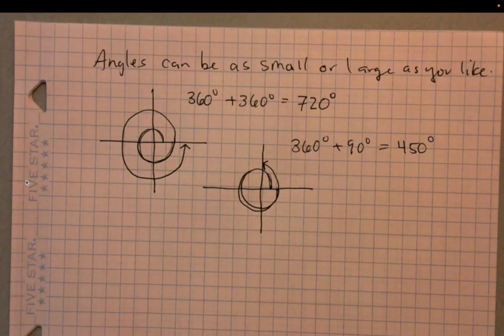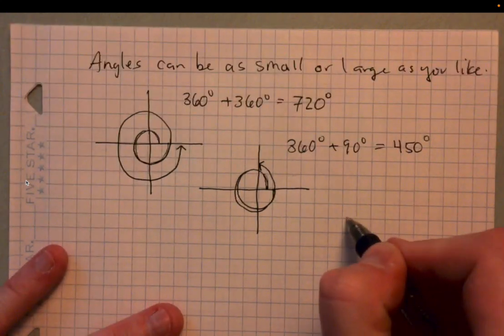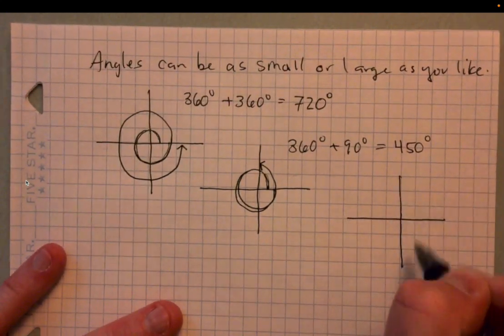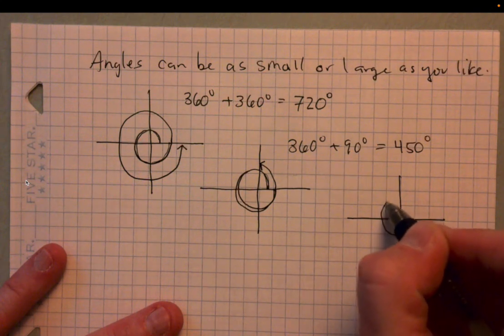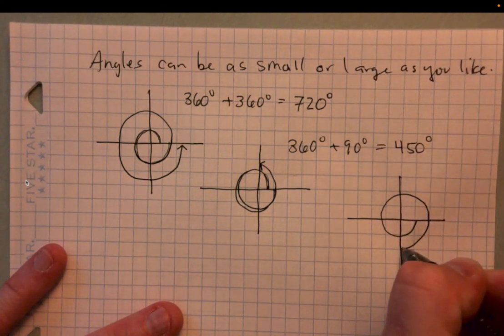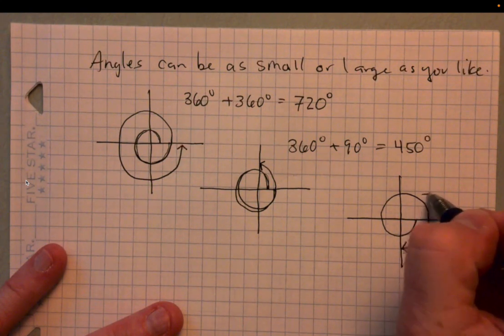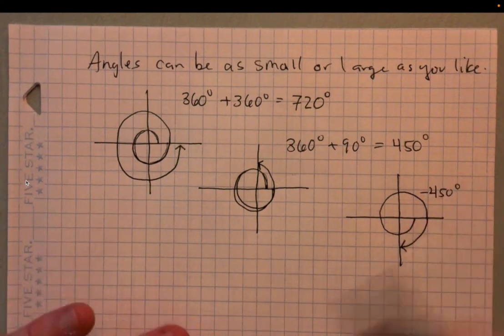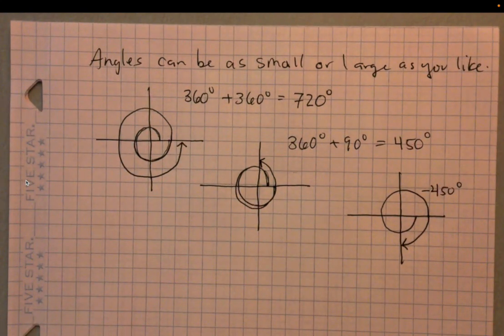The same idea exists in the opposite direction as well. I could start here and go around 360 degrees in the negative, and then a further 90. This would be negative 450 degrees, just because of the clockwise orientation of the rotation versus counterclockwise.